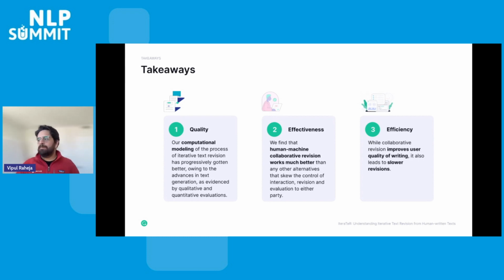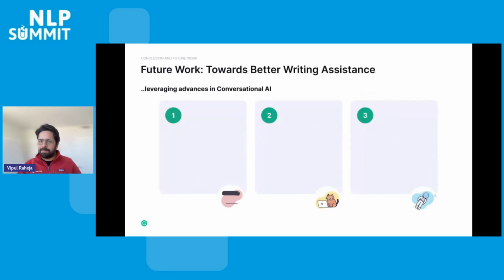And we find that human-machine collaboration works much better than any of the other extreme alternatives that we saw, which skew the control of interaction, revision, and evaluation to either party. And finally, while collaborative revision improves the quality of writing, it also leads to slower revision. So there is some scope for improvement there.